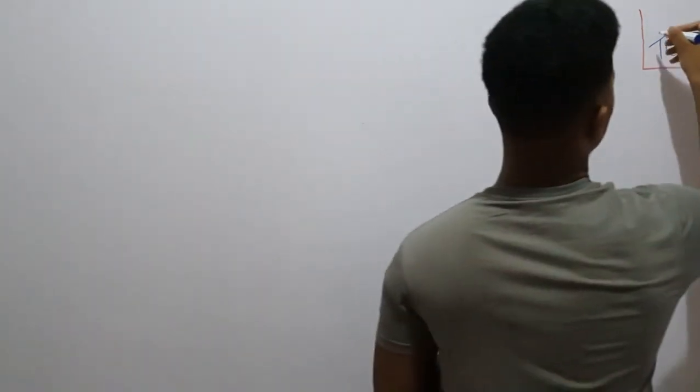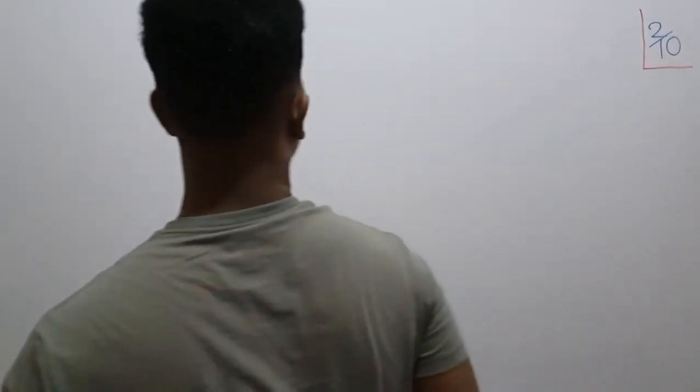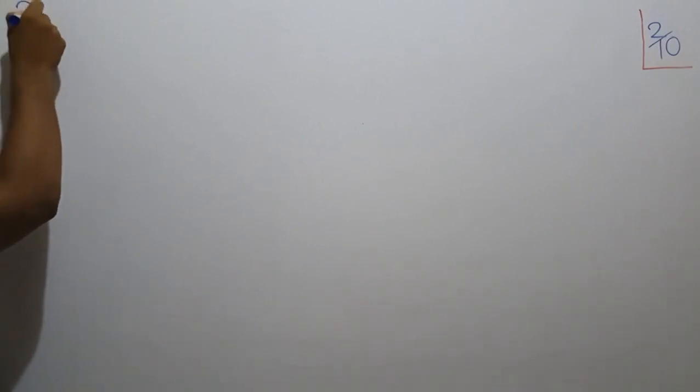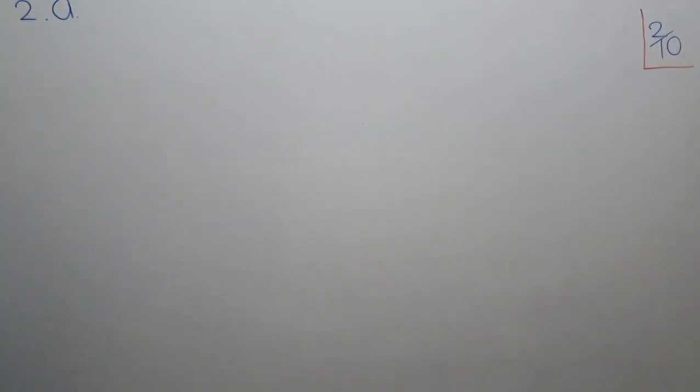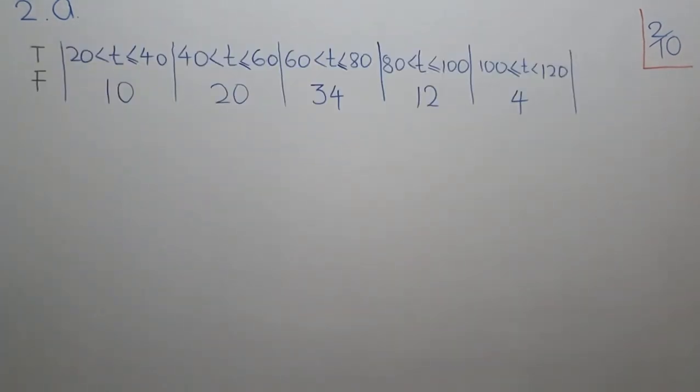So the second question. Part A. The graph. So this is the table. Roman numeral 1. On the grid, draw a cumulative frequency diagram to represent this information.